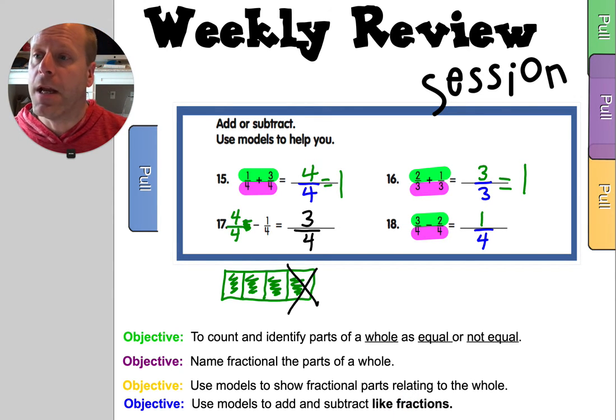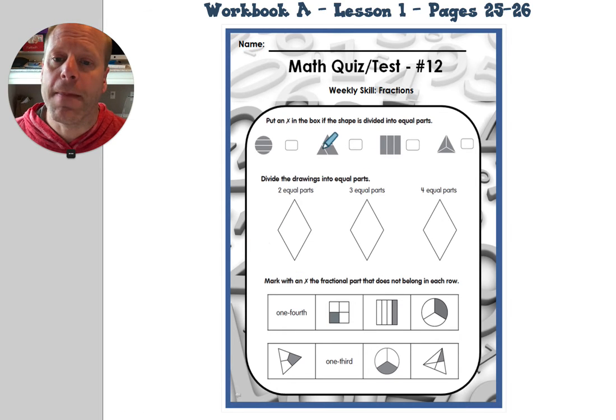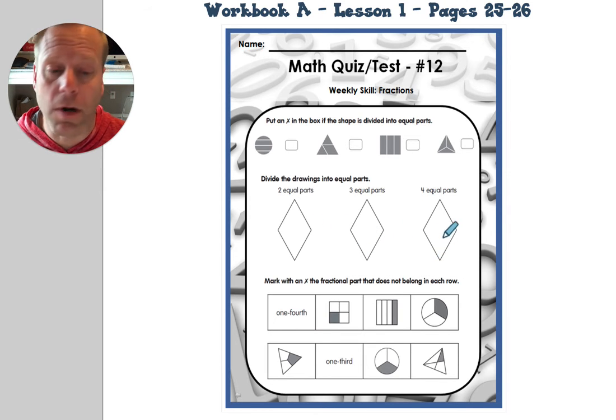All right, this is the test you're going to take. Put an X if it's equal. So I want you to put an X by the ones that are fair. Don't do anything to the ones that are not equal. This is interesting. You have to make these equal, right? So here you have to divide this into 4 equal parts.